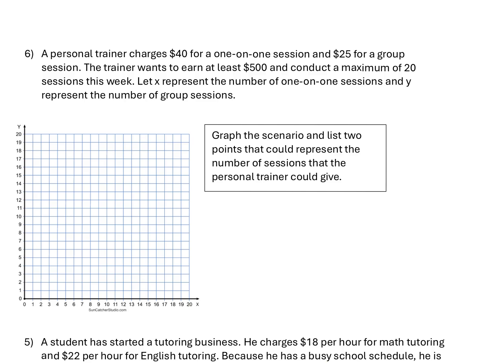Okay, for the next one, a personal trainer charges $40 for a one-on-one session, and it says let X represent the number of one-on-one sessions. So algebraically, this will be 40X. And then it says $25 for a group session, and let Y represent the number of group sessions.